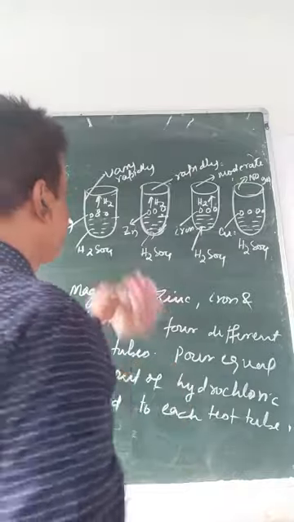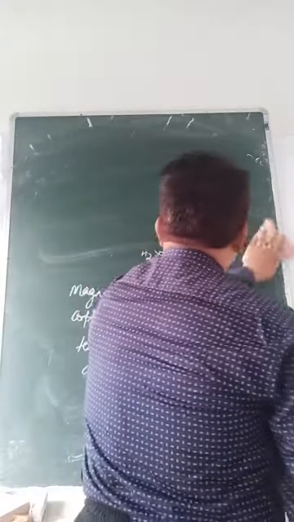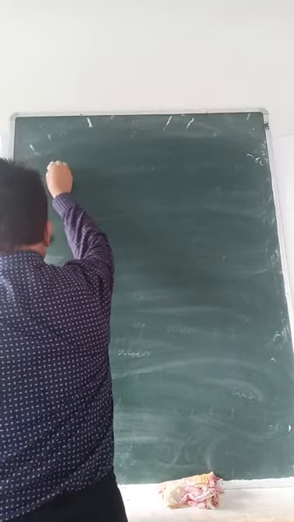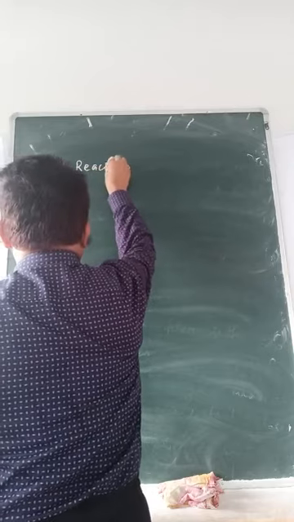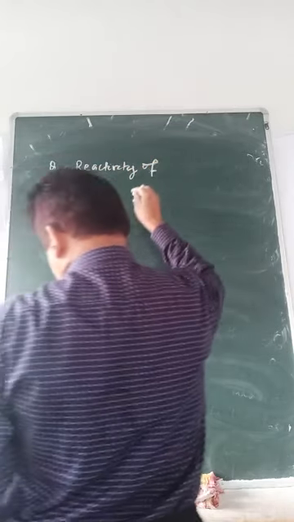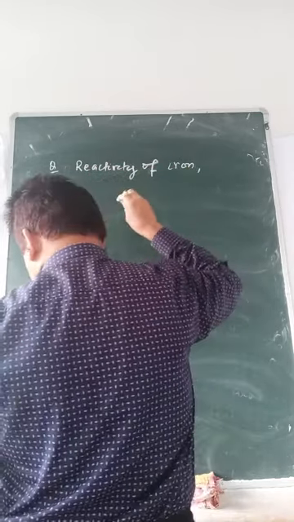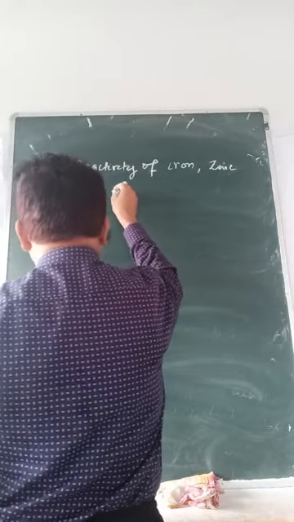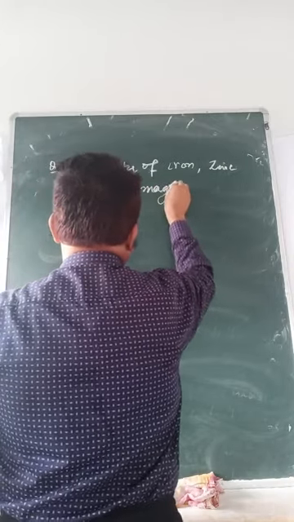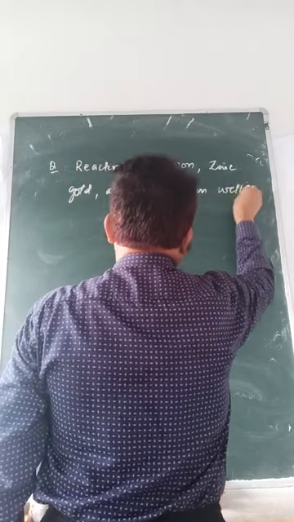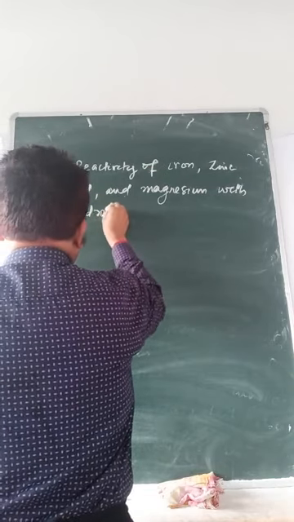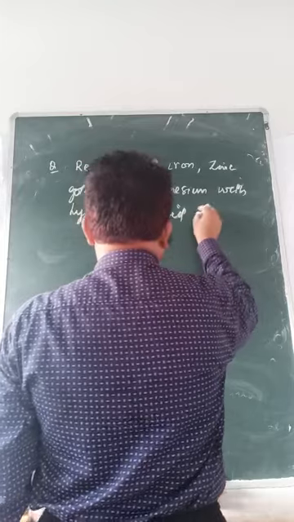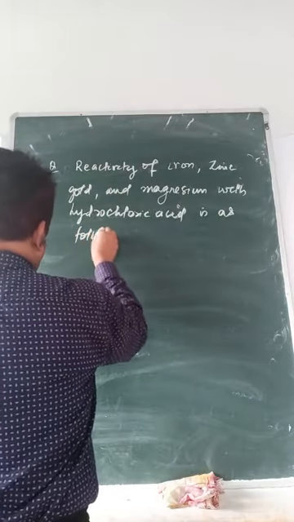The question can be: the reactivity of iron, zinc, gold and magnesium with hydrochloric acid is as follows. So this is our question.